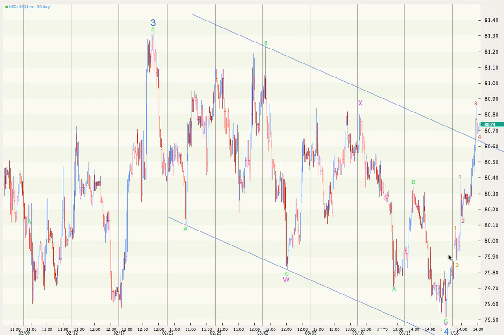So I've got this labelled as a 1, 2 with an expanded 3, 1, 2, 3, 4, and we've still got to finish 5. I've labelled this in this way because we can't have 1, 2, 3, 4, 5, because that would leave wave 3 as the shortest wave, and that's a violation of one of the core Elliott Wave rules.